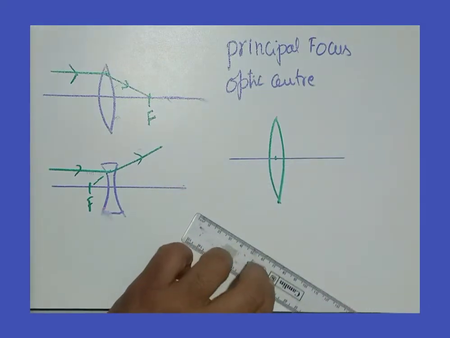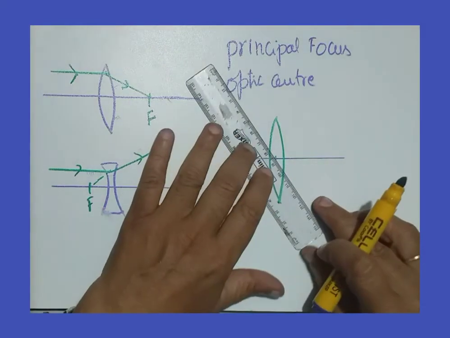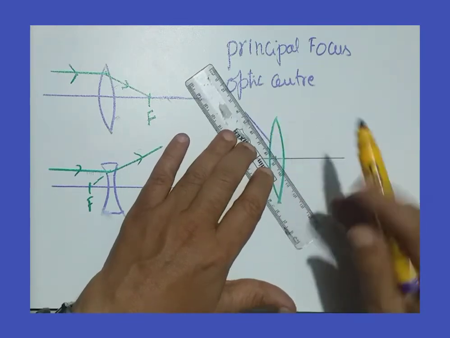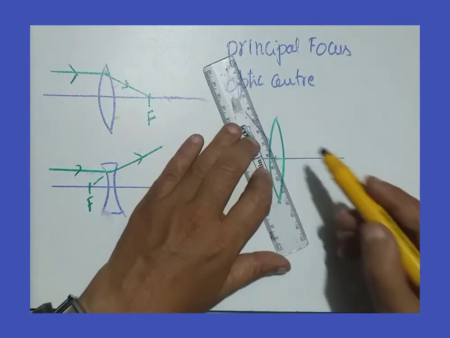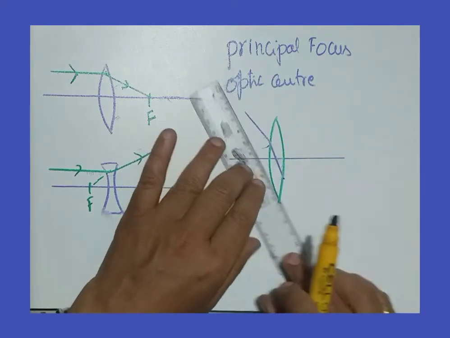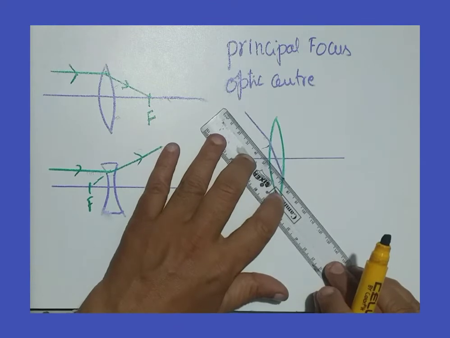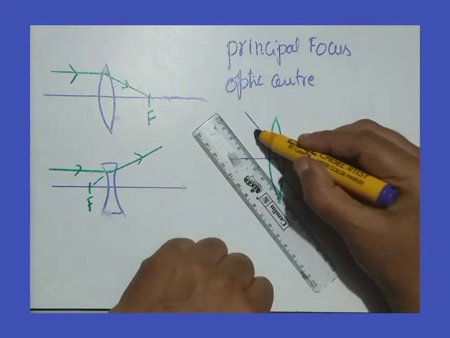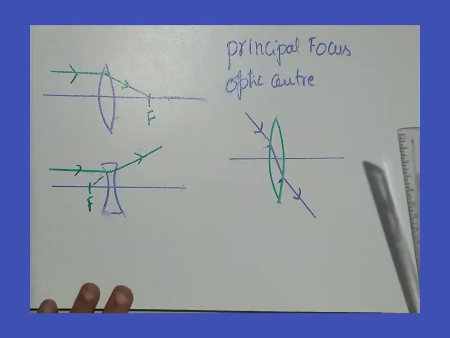Now, a beam of light falling on the lens like this, if it passes through the point on the principal axis, then it comes out without any deviation. Just sidewise shifting may be there like this. The directional change is not there.